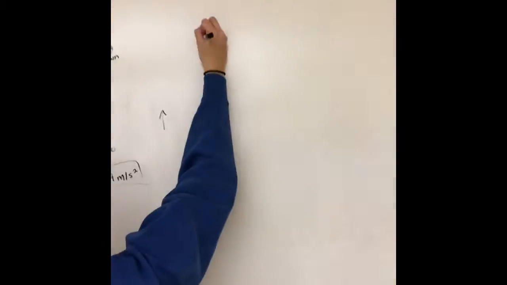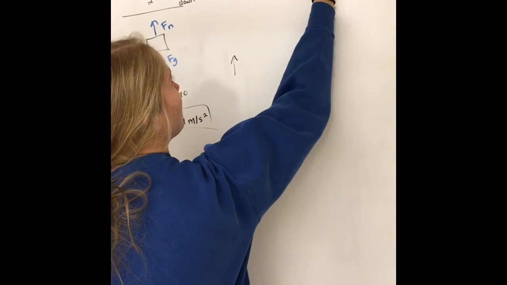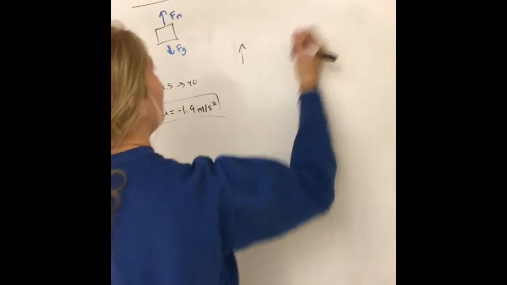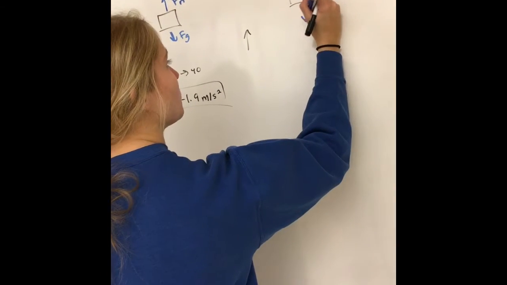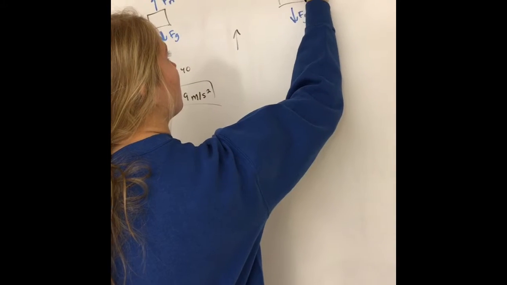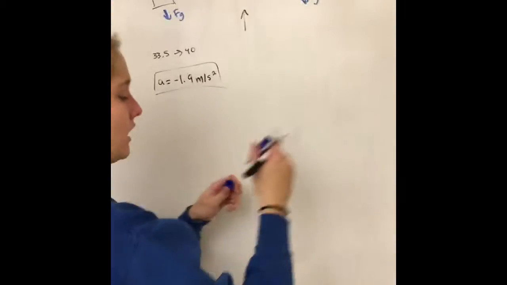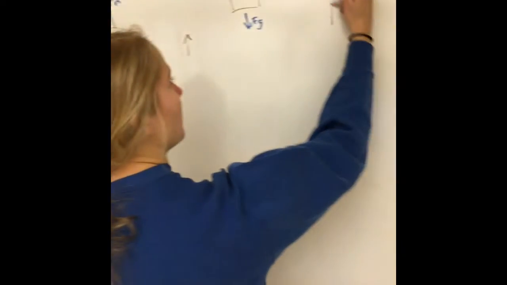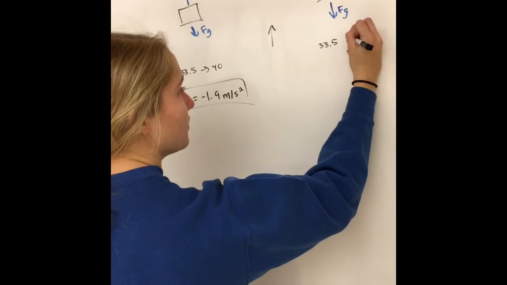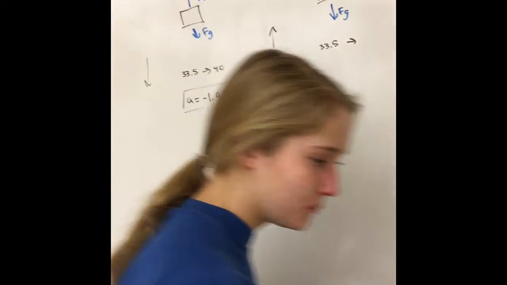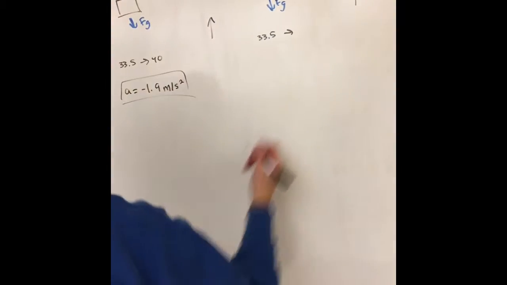This goes over 3 as well because we are speeding up and we're going against gravity. Let me just draw this. So we are speeding up and we are working against gravity. We went from 33.5 to 36.5.